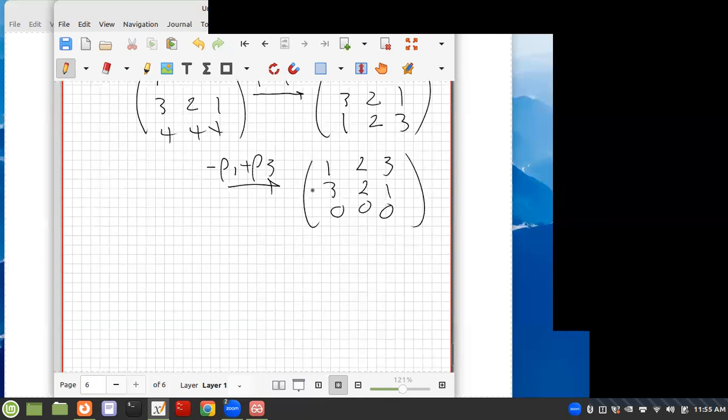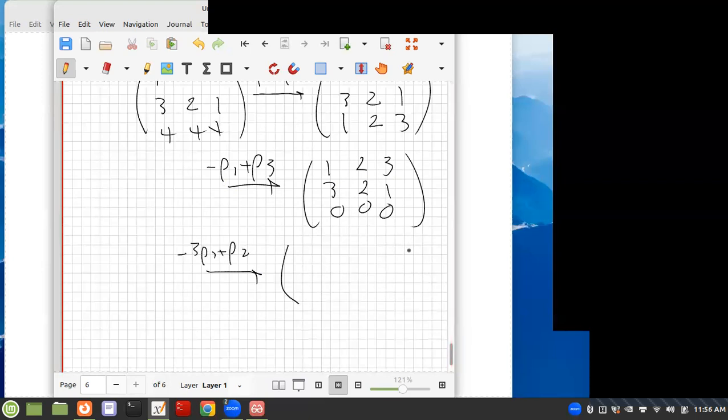So that's good. Now this isn't quite an echelon form. I can see that this row is not a multiple of this, but to go mechanically all the way, I want to do minus 3 row 1 plus row 2 and find 1, 2, 3, 0, 0, 0, and I'm going to get a 0 there. 2 times minus 3 is minus 6, plus 2 is minus 4, and minus 9 plus 1 is minus 8, right?